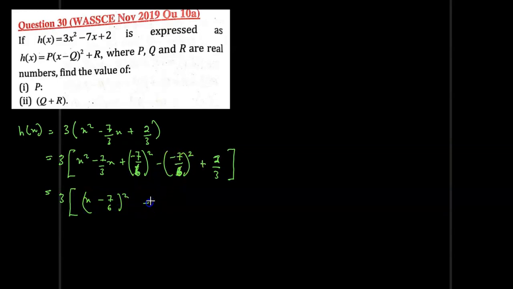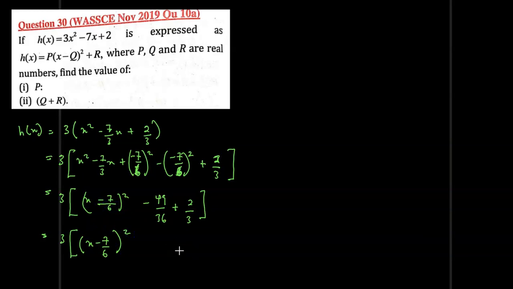This will give us minus 49 on 36 plus 2 on 3. Merging the two, 3 square bracket open, x minus 7 on 6 all squared.